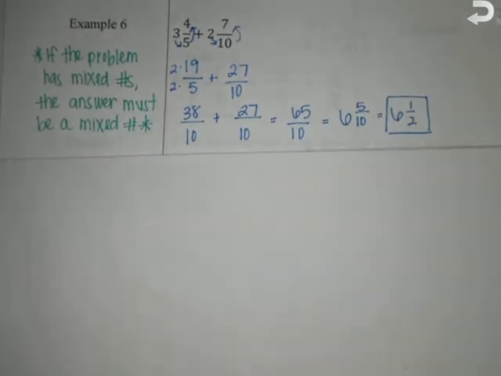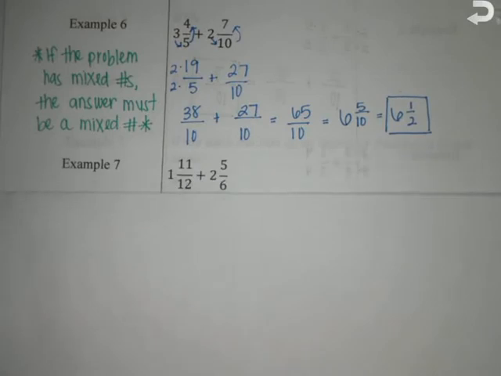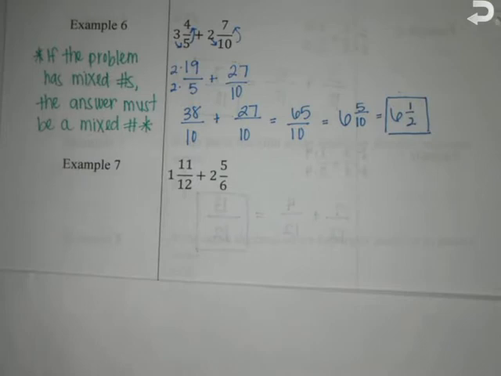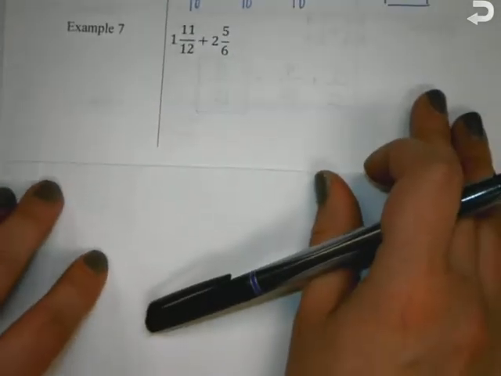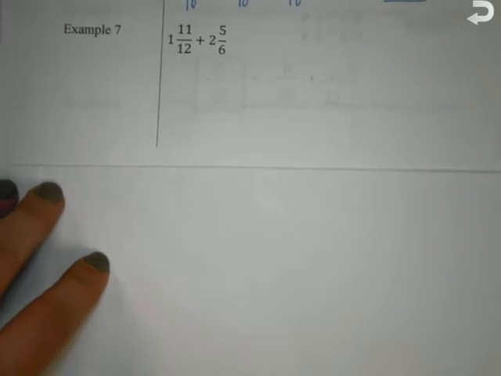Cameron, what do I do first? Not yet, not common denominators. We have to change it to what? Not a mixed number, but an improper fraction. How do I change 1 and 11 over 12 to an improper fraction?